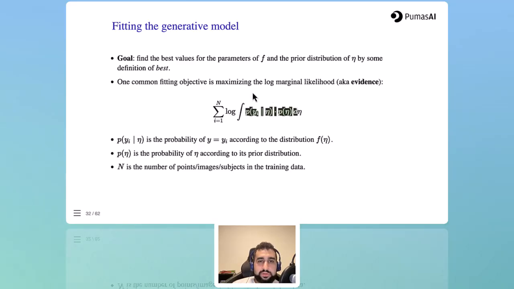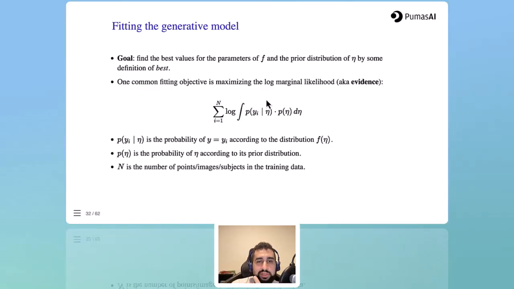And a lot of the magic of these statistical software that are used, like Pumas and DeepPumas, is essentially in defining these algorithms and methods to try and maximize the marginal likelihood, either by approximating it first or by putting some lower bound on it and then maximizing that. And there's quite a lot of techniques that one can use to try to maximize this.